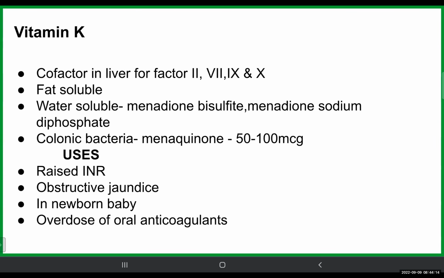Now the uses: we can use it in a raised INR, which we usually do in the wards, and in obstructive jaundice, in newborn babies, and overdose of oral anticoagulants.